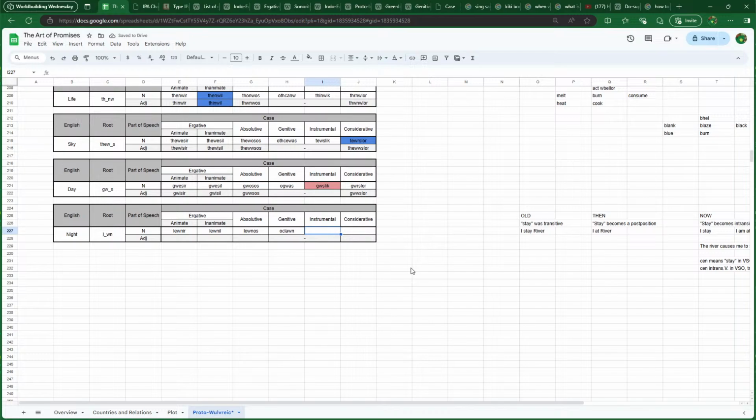Oshlon. Instrumental is uh Lwinique. That's silly. Considerative is Lrwnlor.